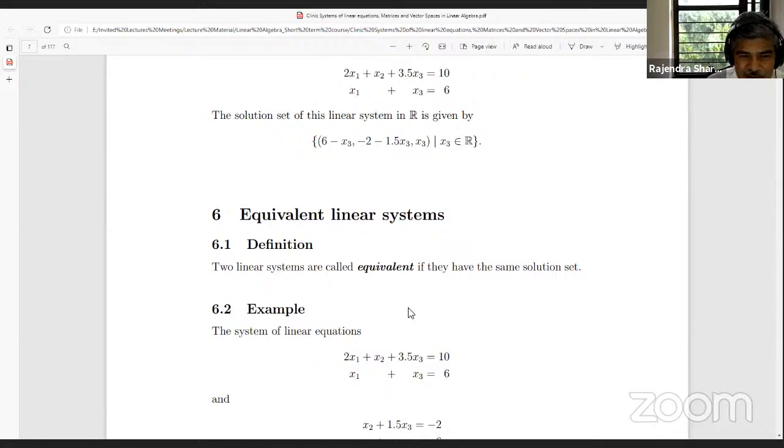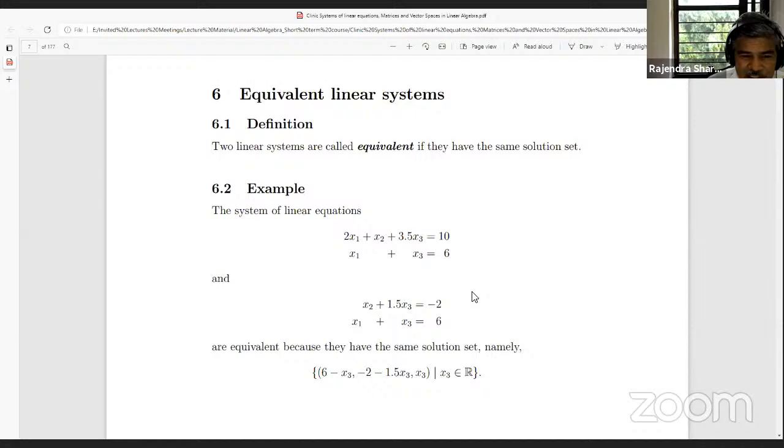Equivalent linear systems. Two linear systems are called equivalent if they have the same solution set. You can see the example we have just discussed, and another example is obtained by rewriting the first equation by dividing, with the second equation written as such.